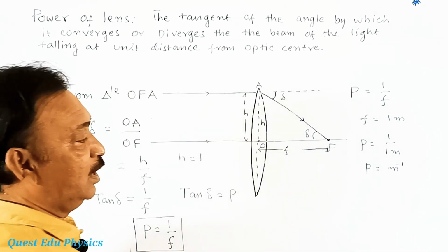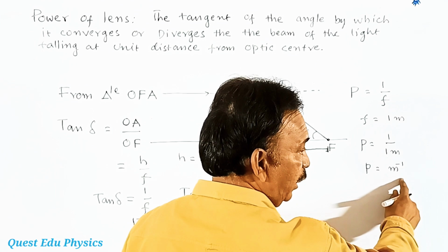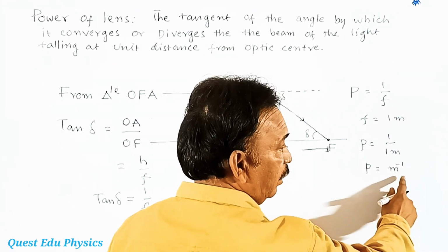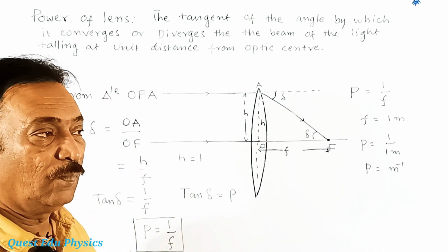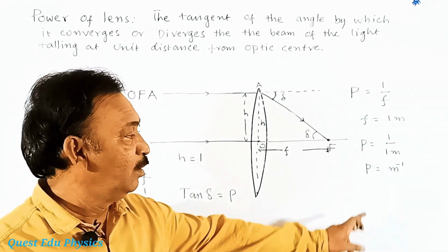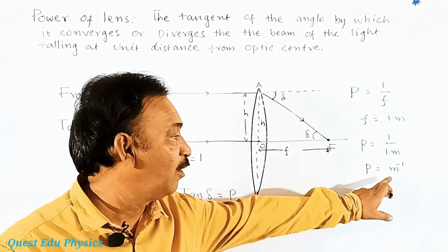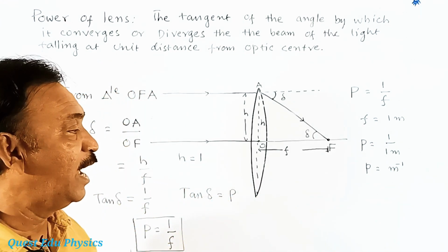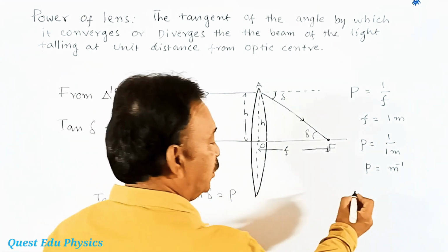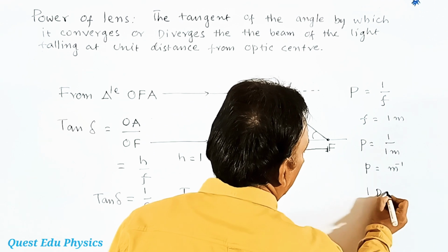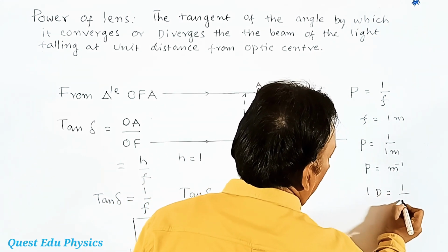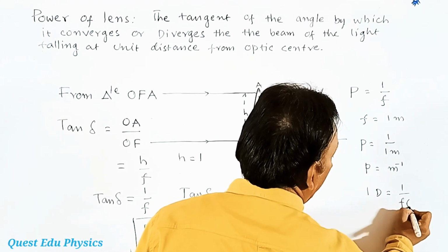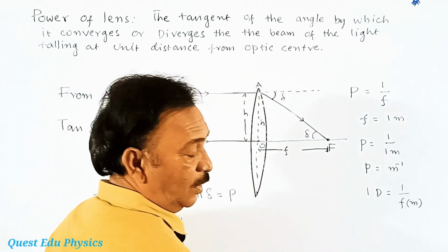Okay, students. If the power is equal to 1 meter inverse, then the power is said to be 1 diopter. 1 D means what? 1 by f in meter. Okay, students.